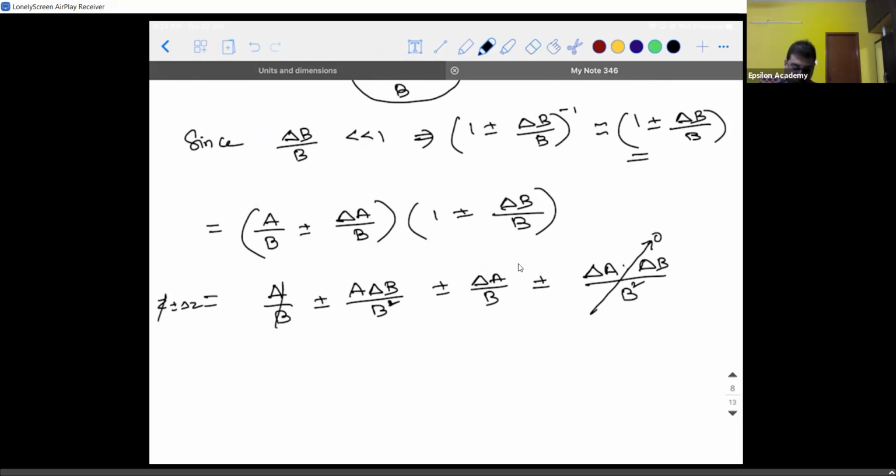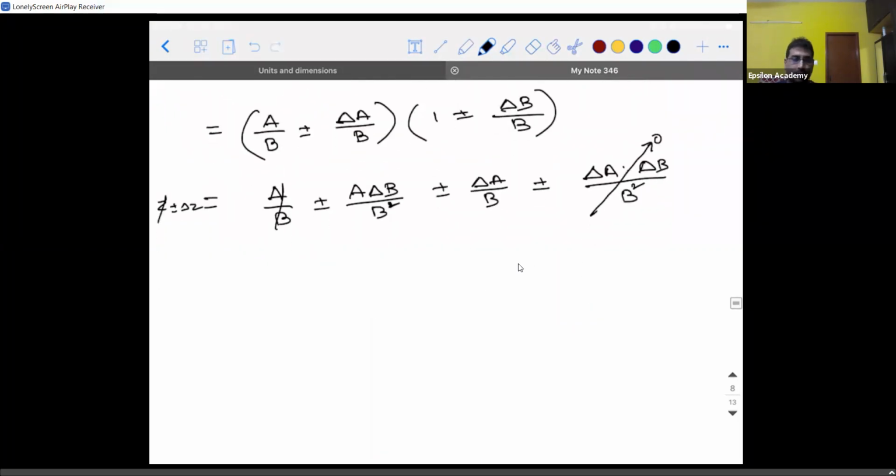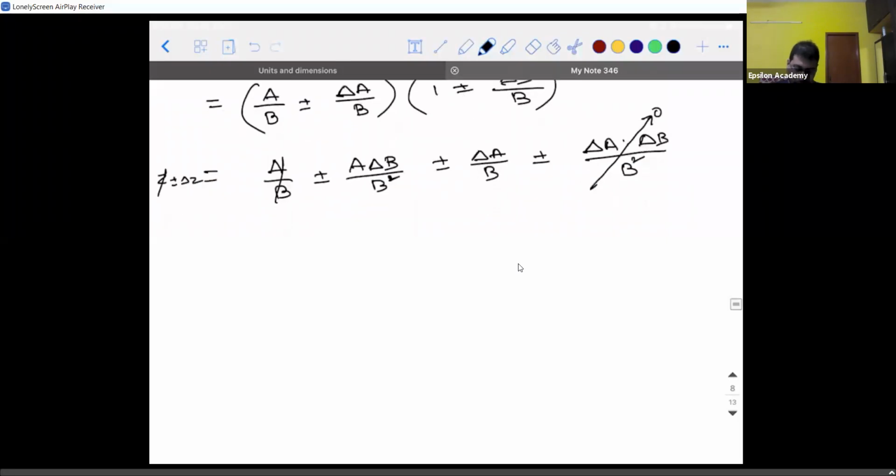Z and this thing will get cancelled. Right? So, plus or minus delta Z is equal to plus or minus A delta B divided by B square plus or minus delta A divided by B.